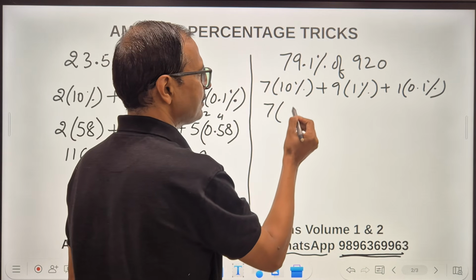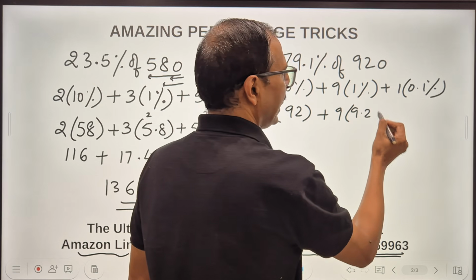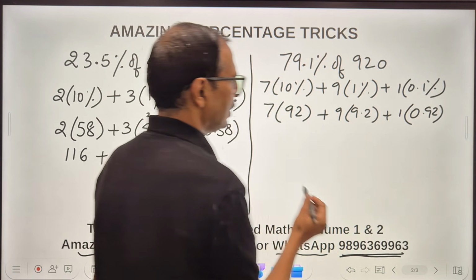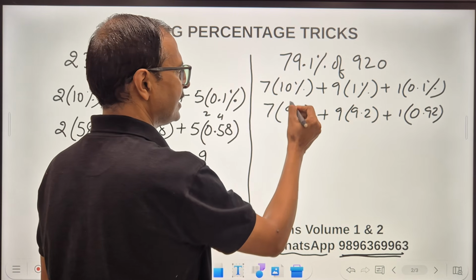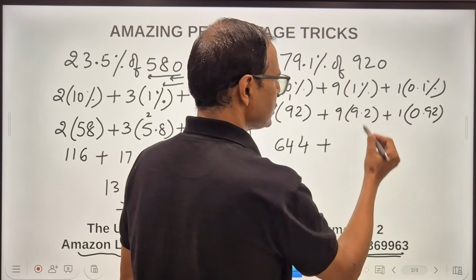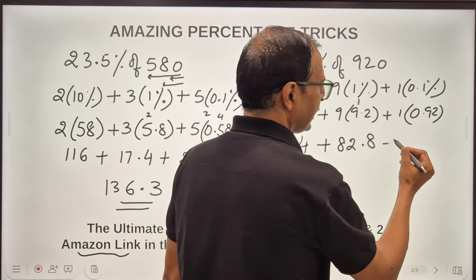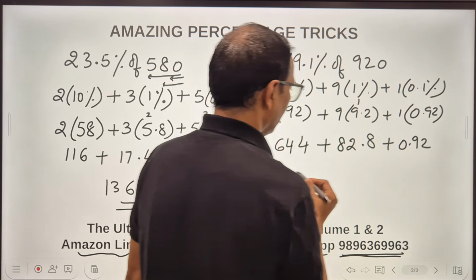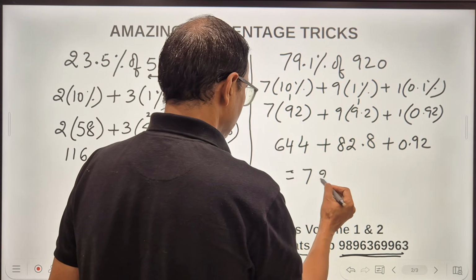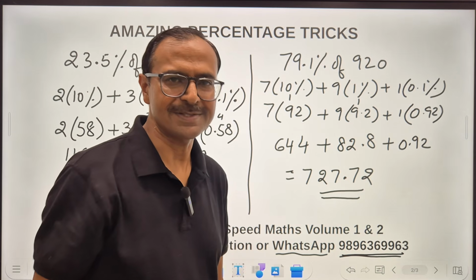Now 7 times 10% is 92, 1% is 9.2, and 0.1% is 0.92. So this is 7 2s are 14, 1, 7 9s are 63, 64, right? 644 plus 9 2s are 18, 8 1, 82, 82.8, and then 0.92. Now when you add all these numbers, you are going to get your answer, that is 727.72, and here is the required percentage.